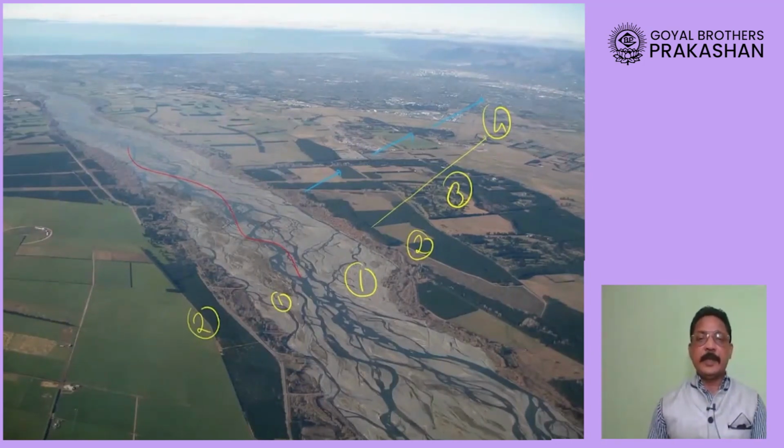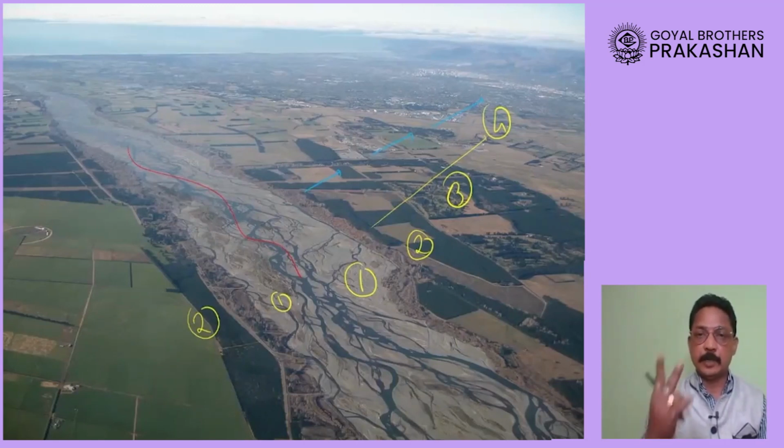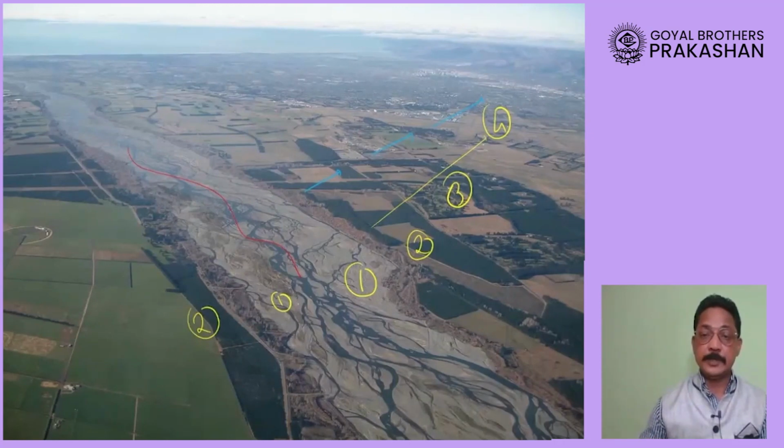So in this way, this alluvial soil, based on its deposition nearby the river, is of 2 types. The first is the soil which is deposited near the river. We call it by the name khadar soil. The soil which is deposited further away from the river, we call it bhangar soil.